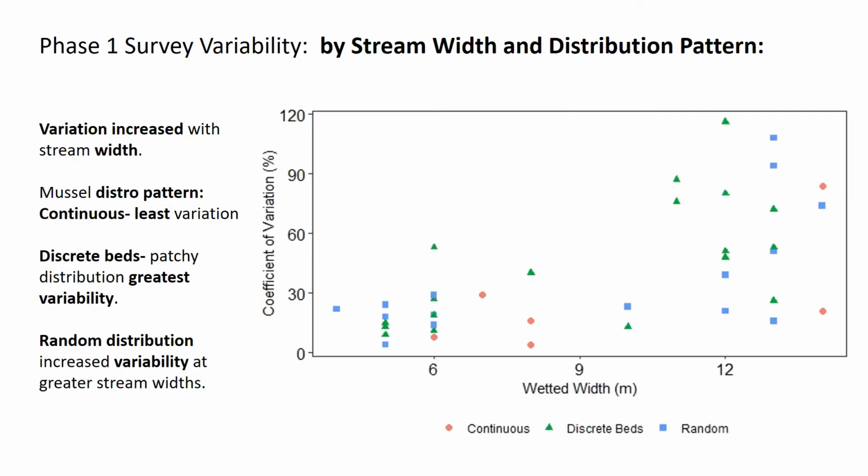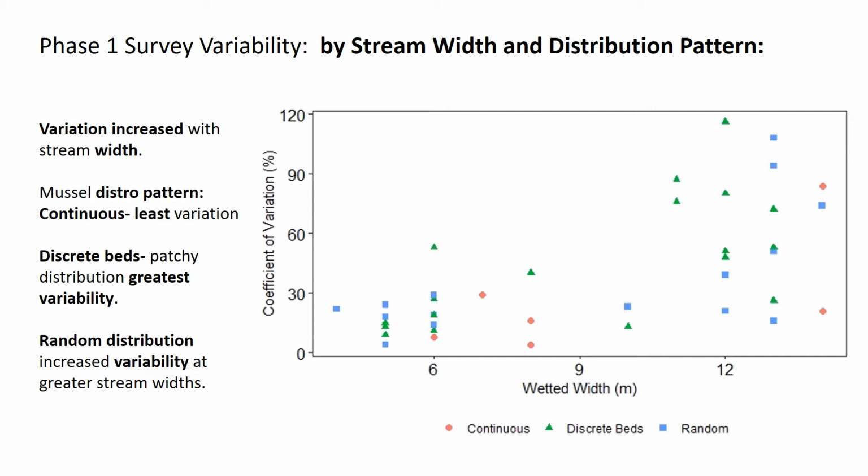This slide shows Phase 1 survey variability by stream width and mussel distribution pattern within the reach. You can see very easily that variation increased with increasing stream width, particularly once we got a width greater than or equal to 11 meters. The mussel distribution pattern within the reach also affected variability.